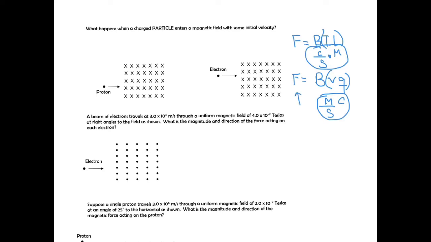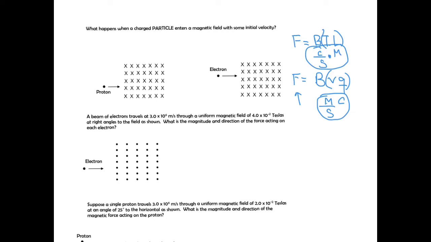So let's take a look at the first situation. We have a proton about to enter a magnetic field, and the magnetic field is represented by these X's, and we're going to again use the hand rule. I'm just going to make a distinction before I show you the hand rule.